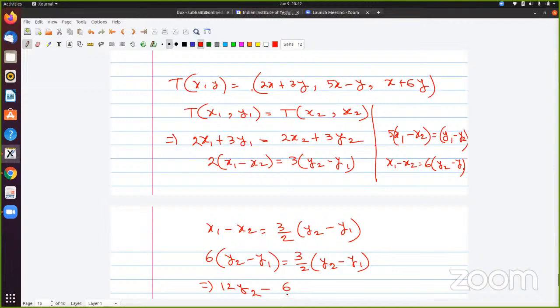If I cancel out y2 minus y1, it says 12 is equal to 3. But how can you cancel out? You don't know whether it is 0 or not. You cannot divide by 0, right?